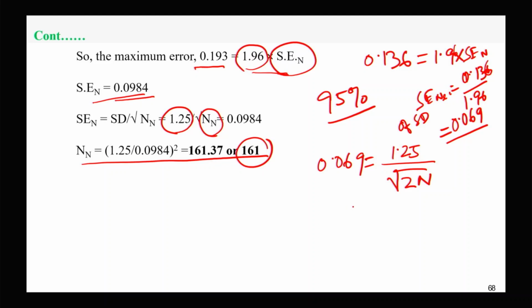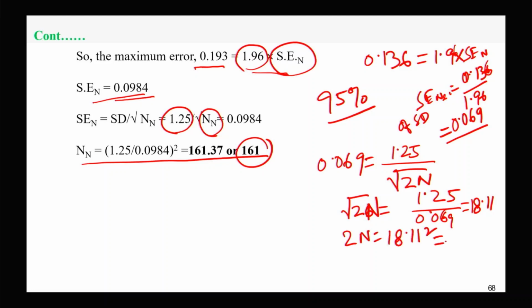So the square root of 2n equals 1.25 divided by 0.069, which is 18.11.